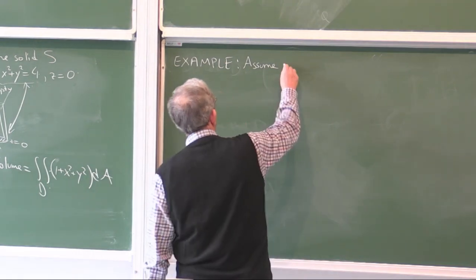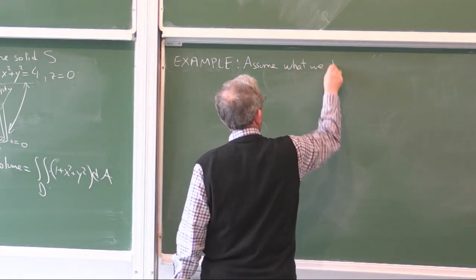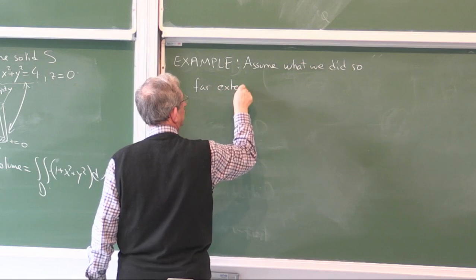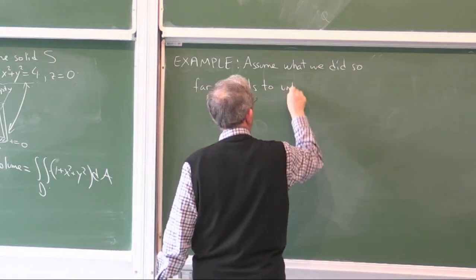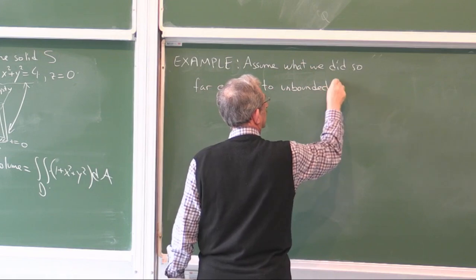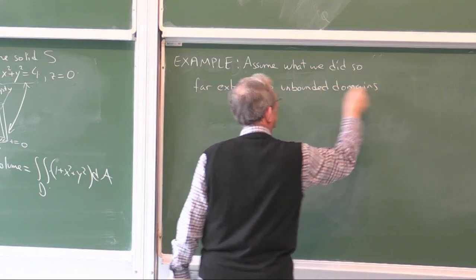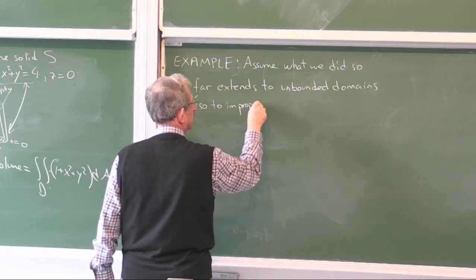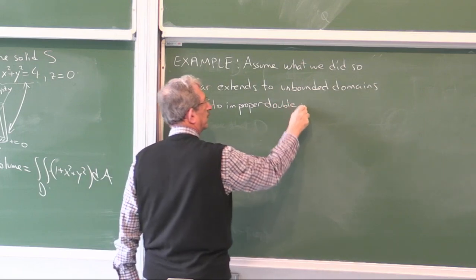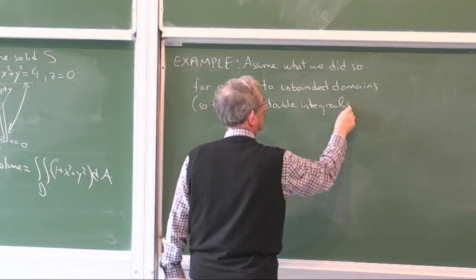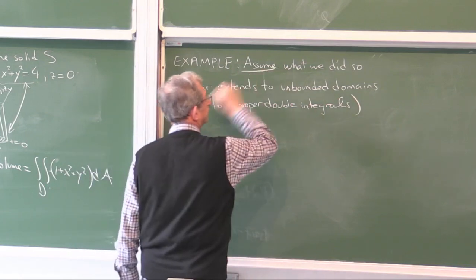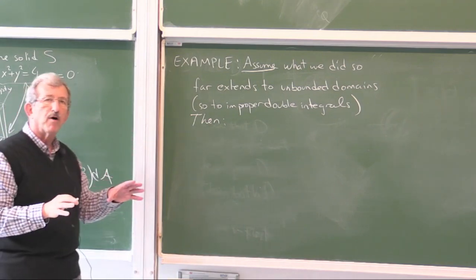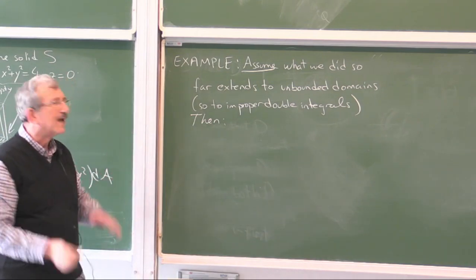So assume what we did so far extends to unbounded domains, that is, to improper integrals. We assume this. Then we can apply what we know so far to a particular example.